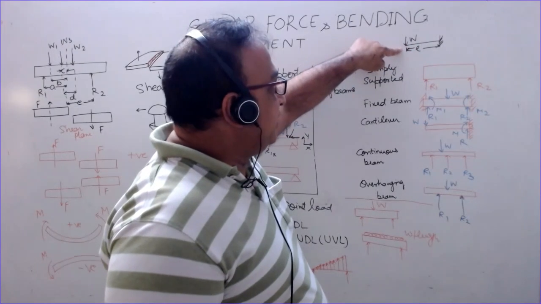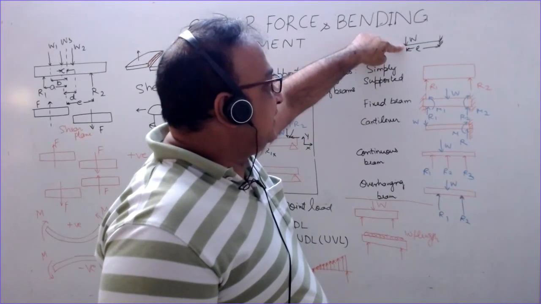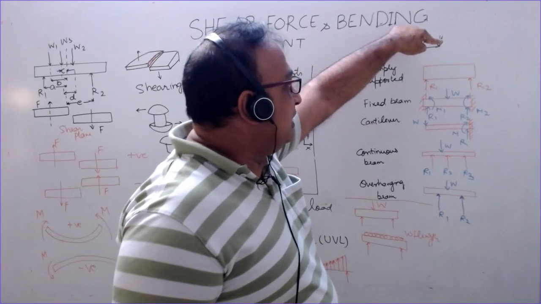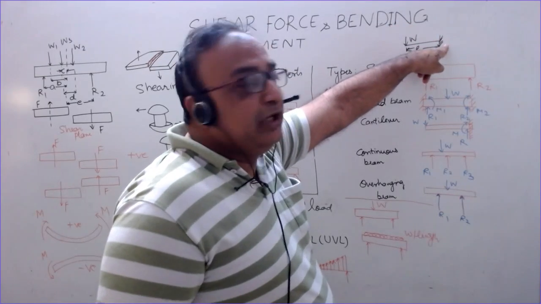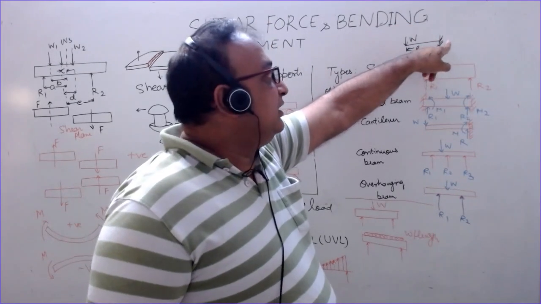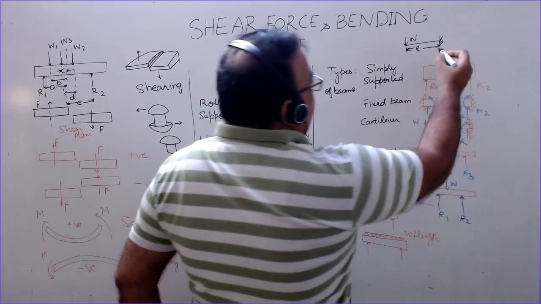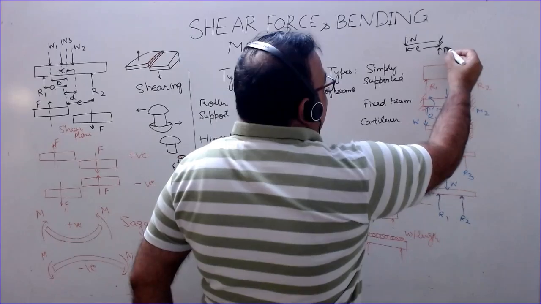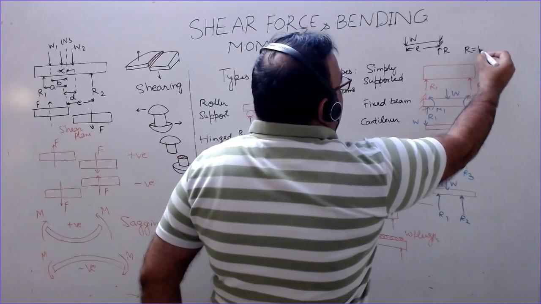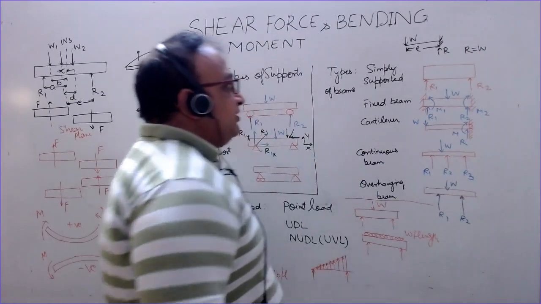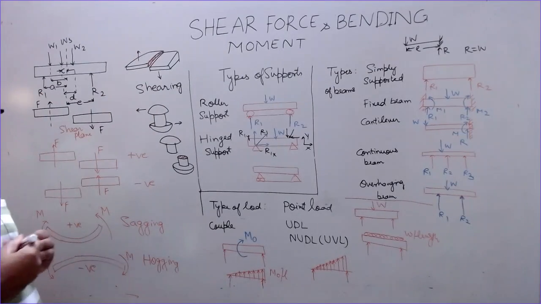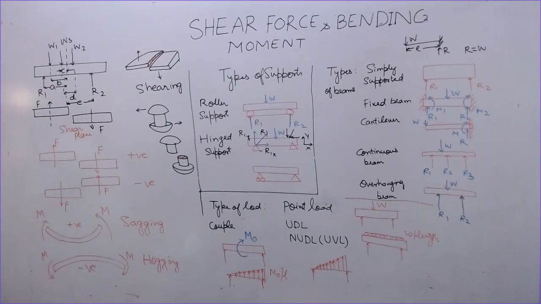Here we cannot have a reaction, as this end is not supported. The whole of the beam is unsupported except at this point where the beam has been built in. So a normal reaction acts here in the upward direction, and we have R equal to W. This is the reaction which balances this load W in the downward direction.